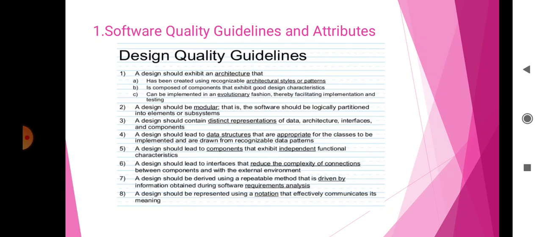The second guideline is the design should be modular, that is, the software should be logically partitioned into elements or subsystems. Third, a design should contain a distinct representation of the data, architecture, interfaces and components. Fourth, a design should lead to data structures that are appropriate for the classes to be implemented and are drawn from recognizable data patterns.